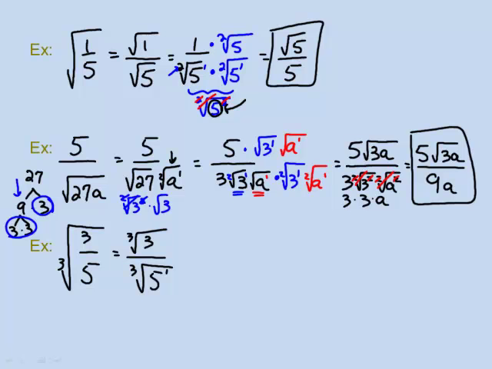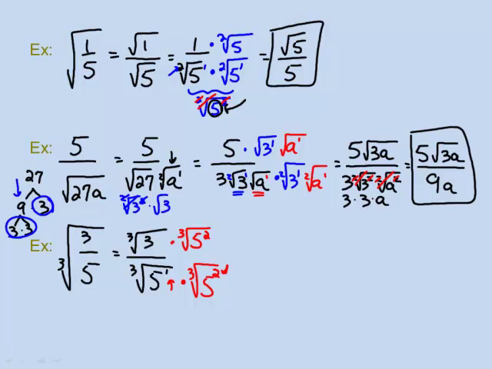So in this case, what we're going to multiply by is the cube root of not 5, but the cube root of 5 squared, because then our power of 2 and our power of 1 will add to give us 5 cubed, and we will be able to rationalize our denominator. As always, what you multiply your denominator by, you must multiply your numerator by as well.